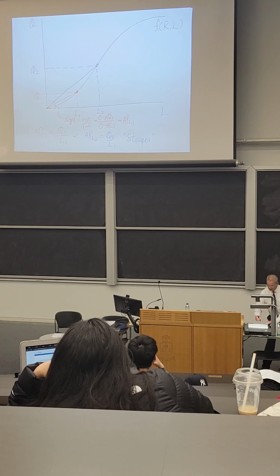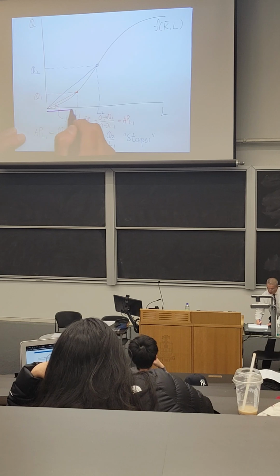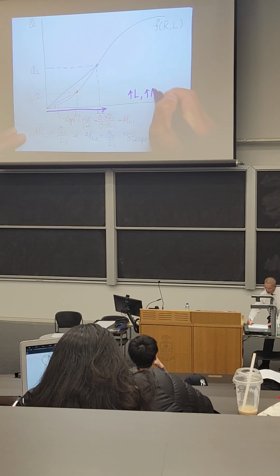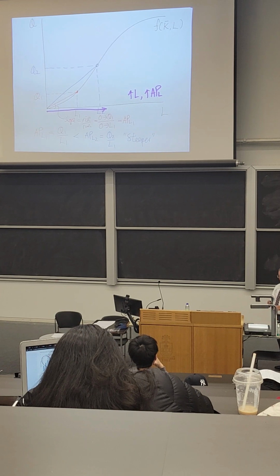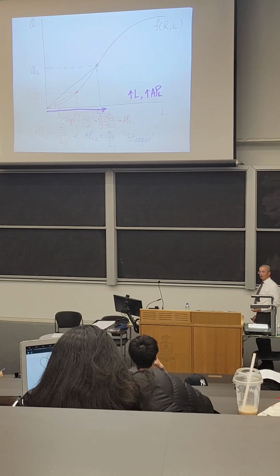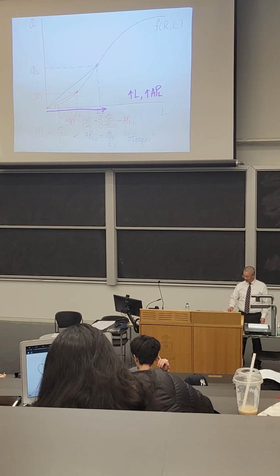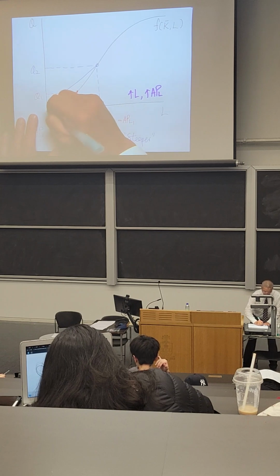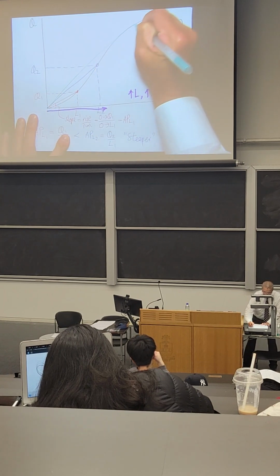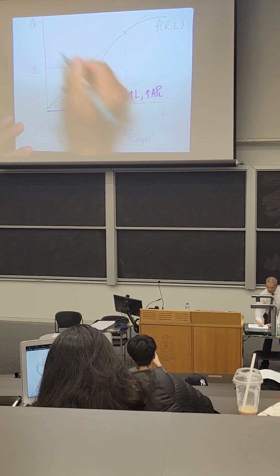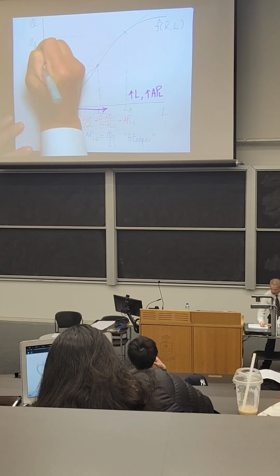So what we see is, at the start, as we increase labor inputs, the average product of labor would rise. As we see from the red line to the blue line, the slope is getting larger, it's getting steeper. That means increasing average product of labor. Until we hit this point, LA, and output QA.